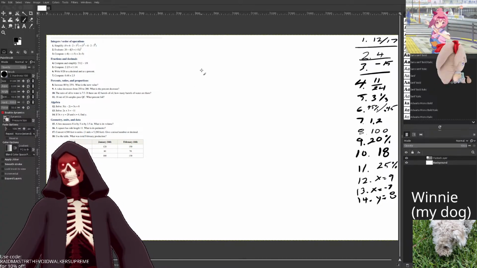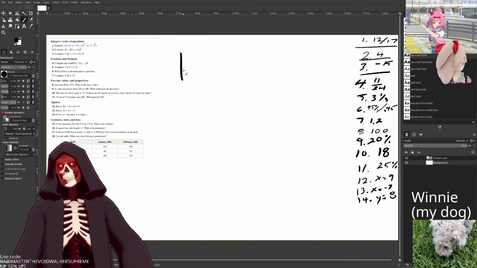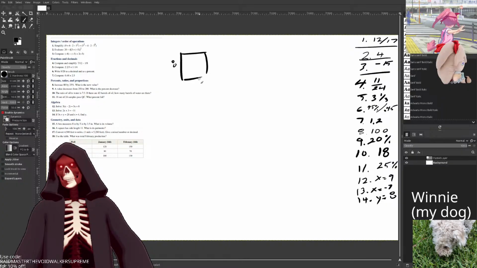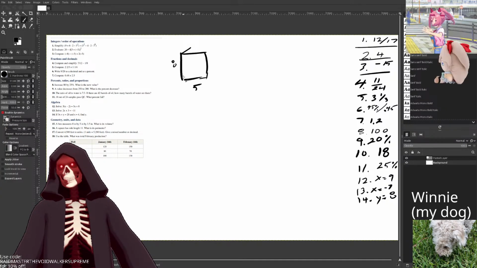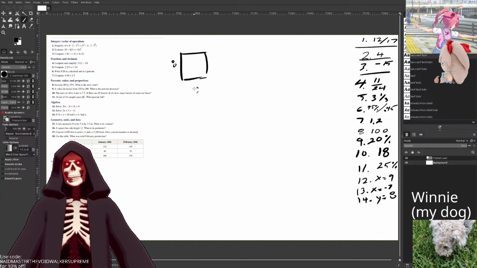Okay, number 15, a box measures 8 by 5. Okay, I have a better way of doing this.